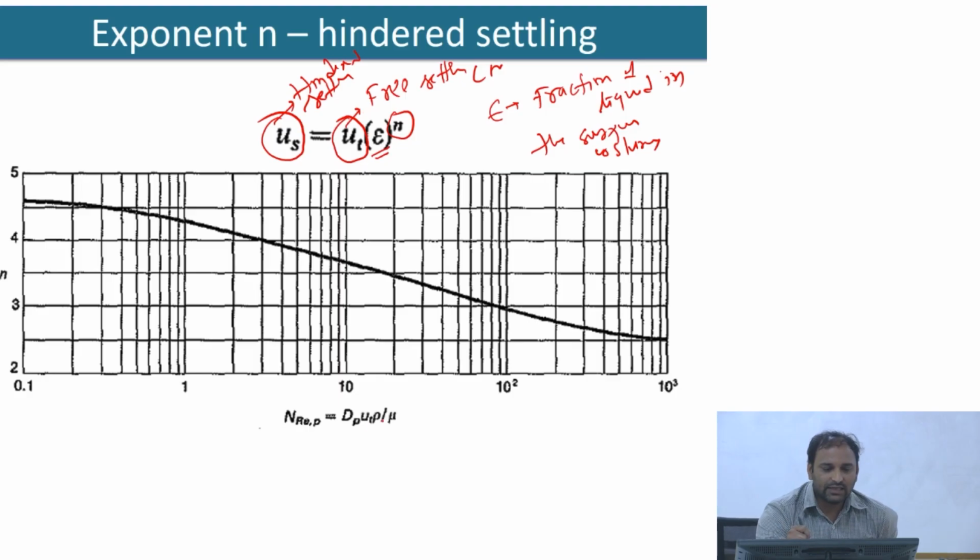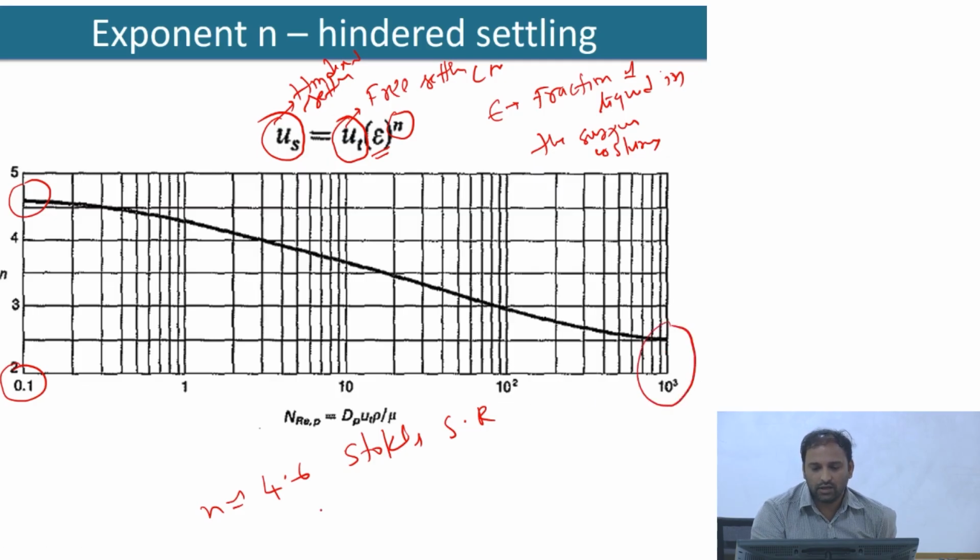If I take a limiting case of very low Reynolds number, the typical value of n is about 4.6, that is for the Stokes settling regime. And for a Reynolds number of the order of 1000, that is the Newton's settling regime, the value of n is of the order of 2.5.